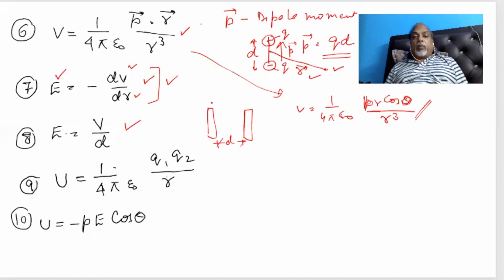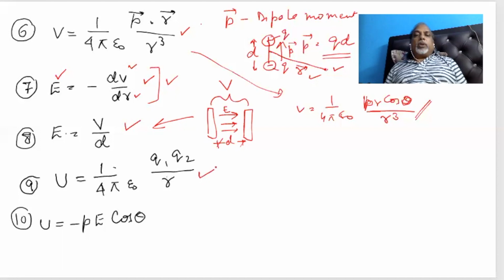And the potential difference between these two plates is V, then what will be the electric field? This will be E is equal to V upon D.